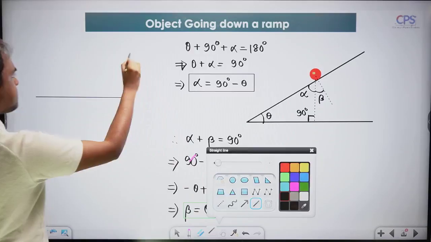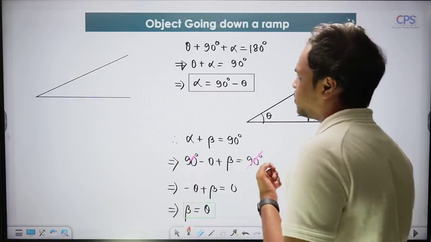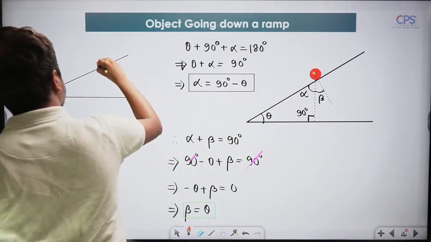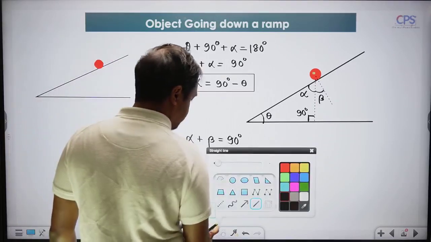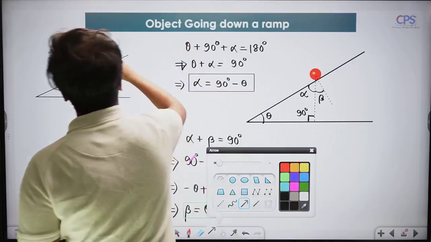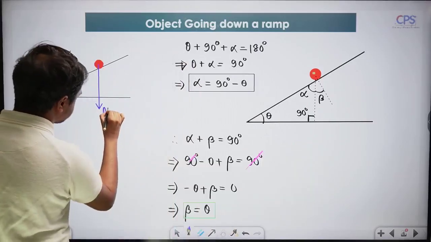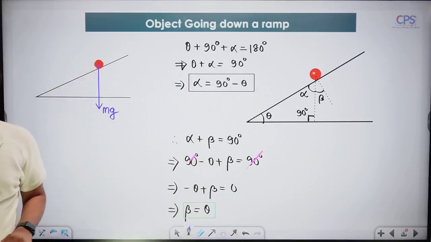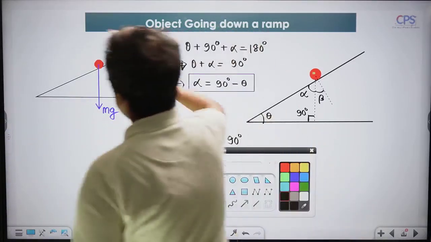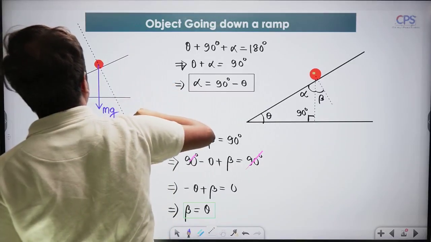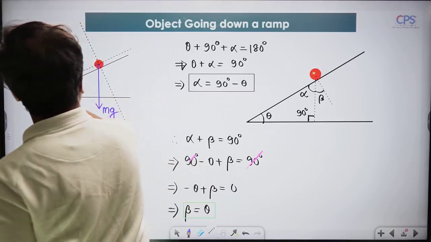Okay, for you, what we will do is resolve the mg, or the weight of this mass, let's say this is mass M. So the weight will be mg here. We will resolve it into two vectors that are perpendicular to each other, one in this line and another one through this line.